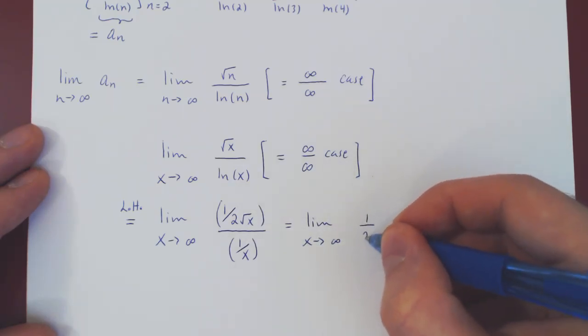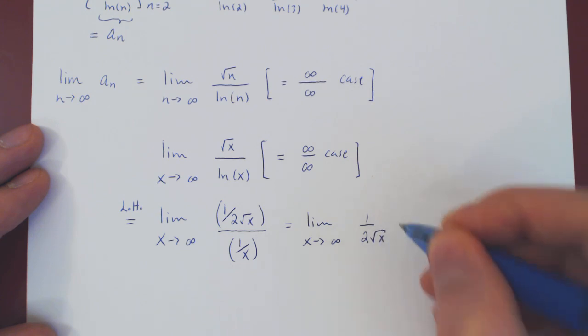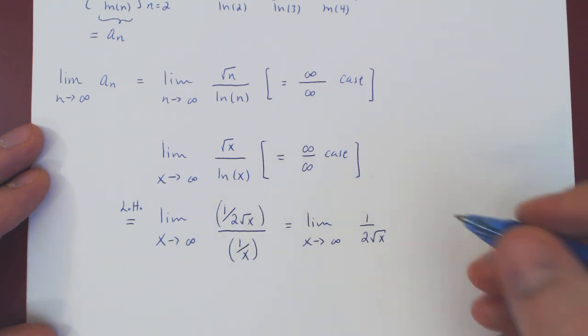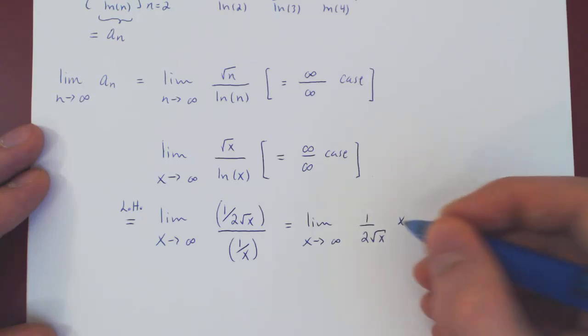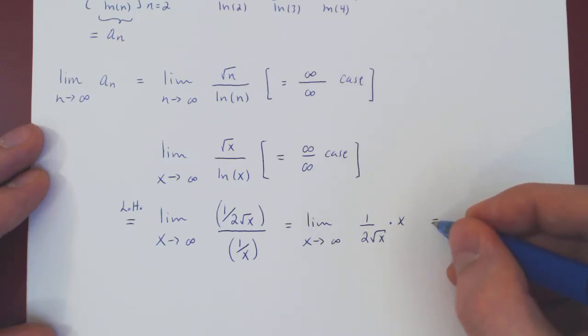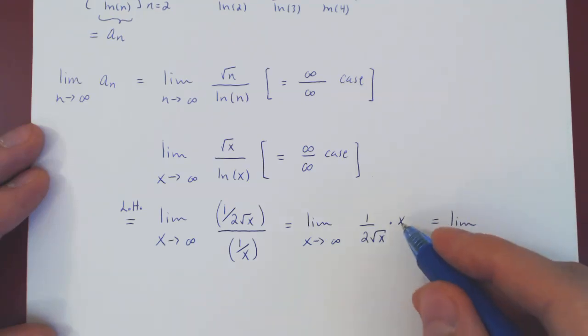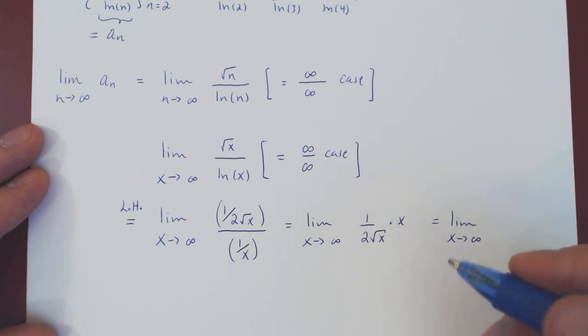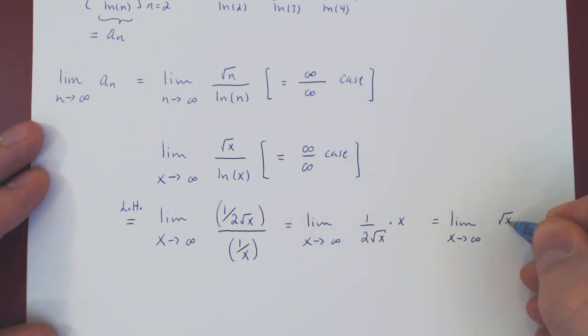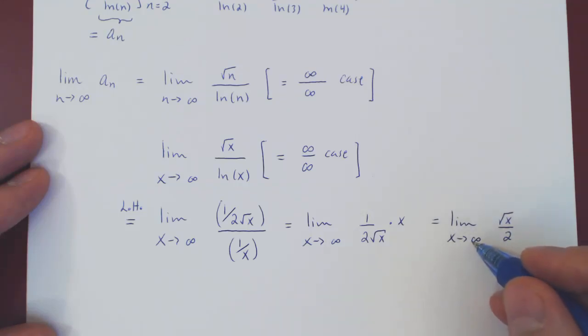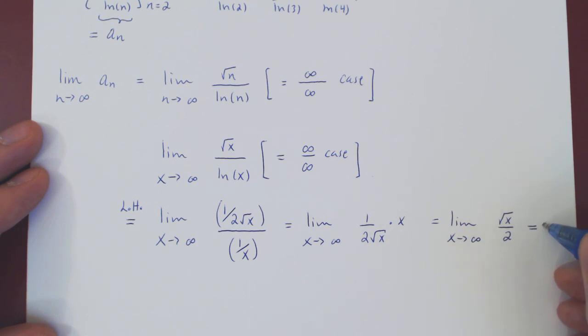We have 1 over 2 root of x, and if you divide by 1 over x, you multiply by the reciprocal, which is simply x. But x over root of x is root of x. So we have root of x over 2, and now the limit is trivial. As x goes to infinity, root of x goes to infinity over 2, which still goes to infinity.